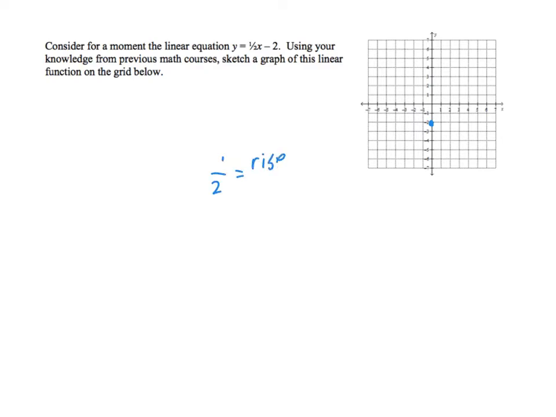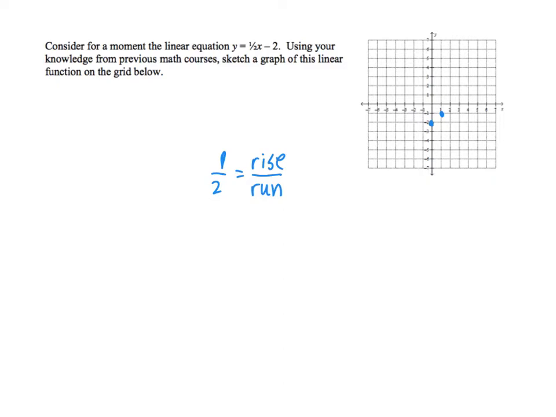And that's rise over run. So using this, it tells us that we're going to go up 1 from that point, and we're going to go right 2 from that point. Or you could look at this as going down 1 and left 2. So once I get 2 points in there, I'm able to draw the line. From my y-intercept up 1, right 2 lands me here.